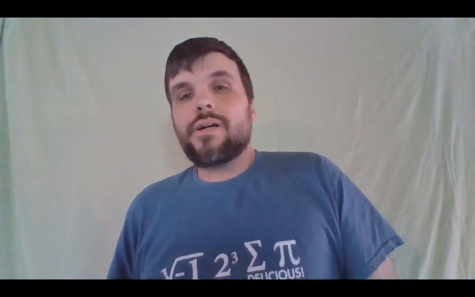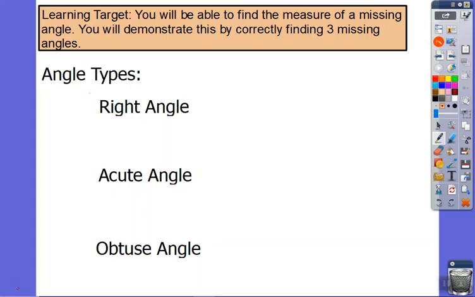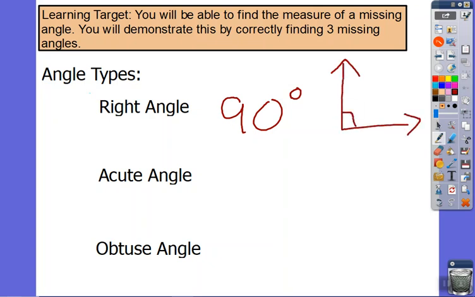Okay, so we are all set with the mean, median, mode, and statistics and probability, and we're going to be moving into some angles and shape stuff. First, I want to remind you that there are three types of angles. There's right angles that are 90 degrees, so those are ones that look like an L. We have acute angles.